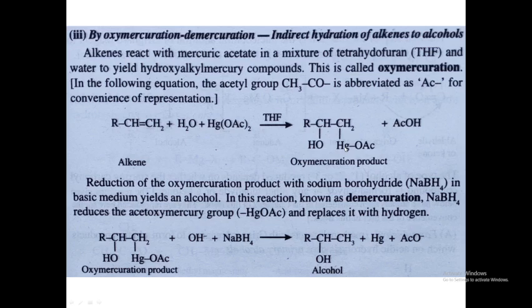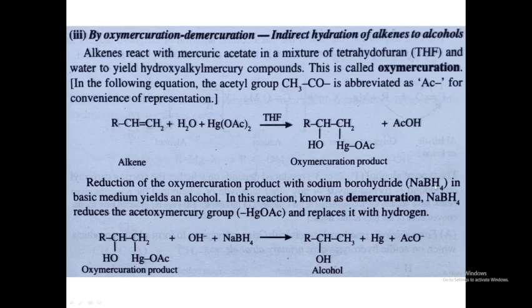This product undergoes reduction with sodium borohydride. Sodium borohydride, keep it in your mind, is an excellent reducing agent. Sodium borohydride in basic medium yields the alcohol. This reaction is what is called the demercuration reaction. During the reduction process with sodium borohydride, we remove the mercury part.